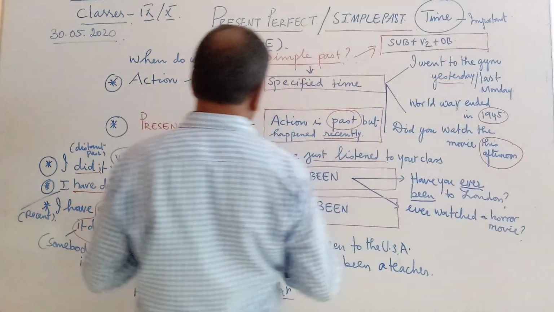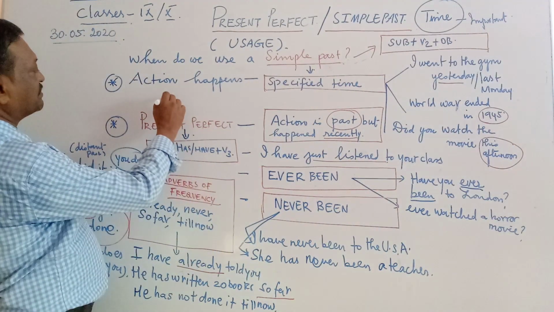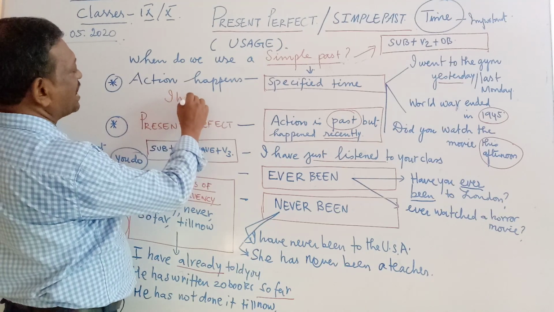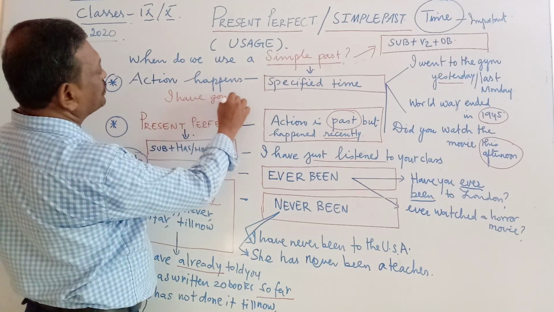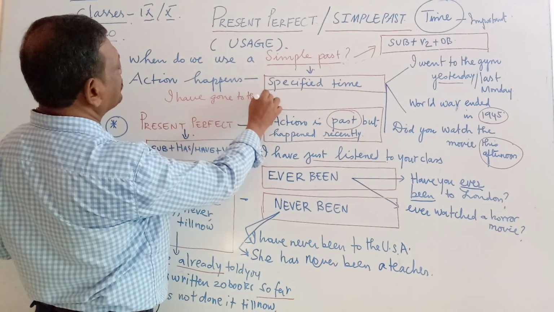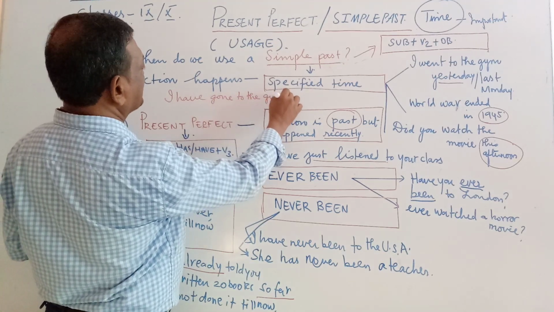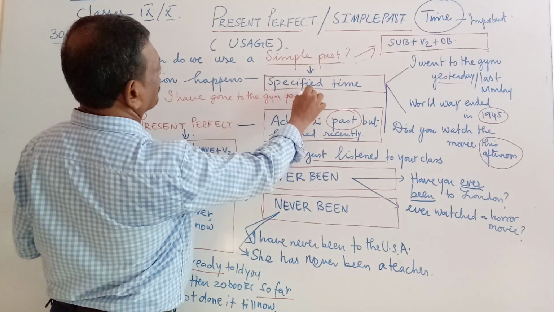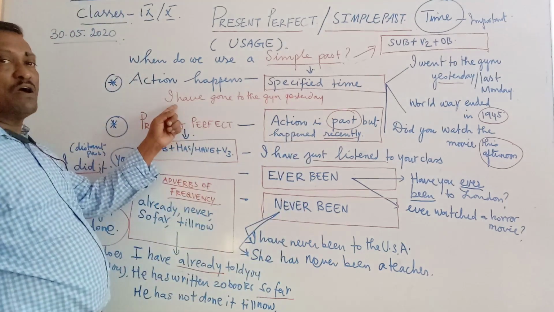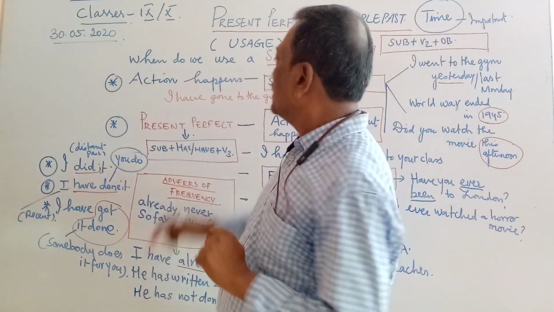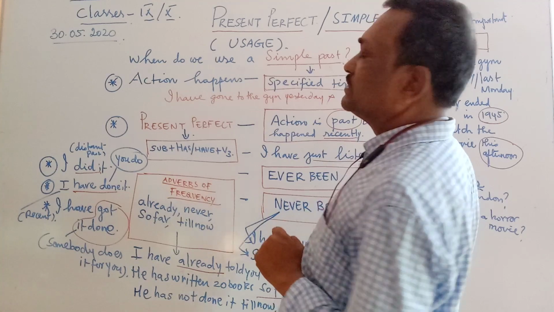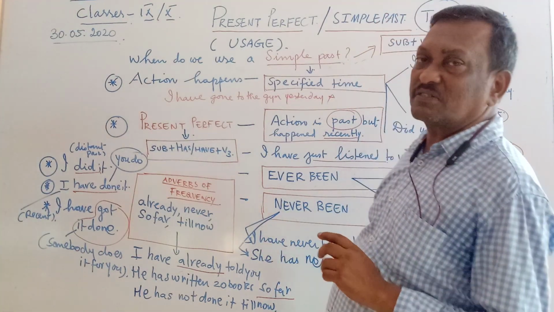Now, I cannot write a sentence like this. I have gone to the gym yesterday. This sentence is wrong. It's not accepted as correct English.